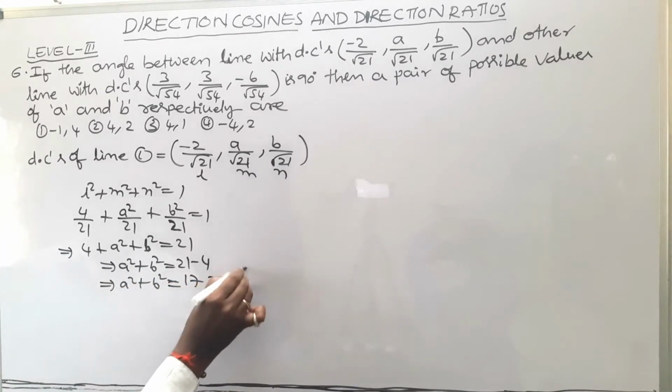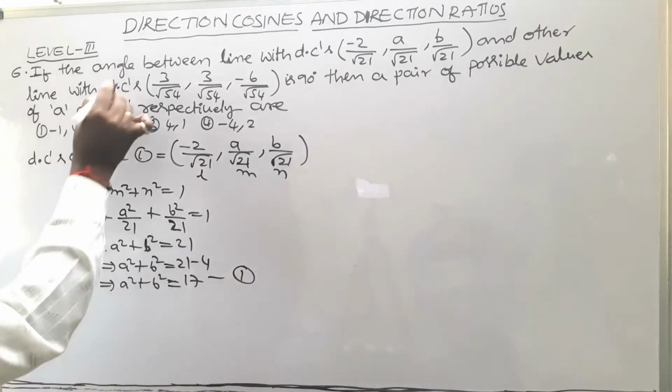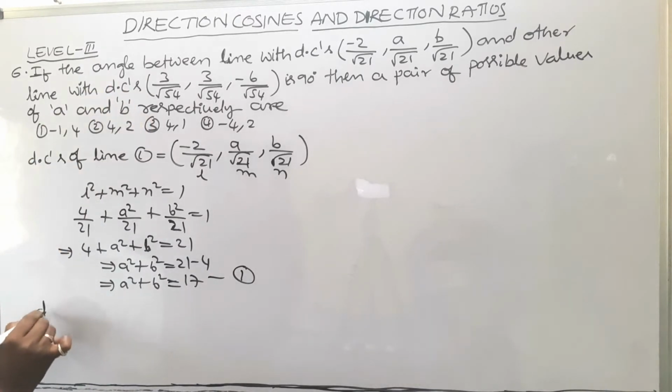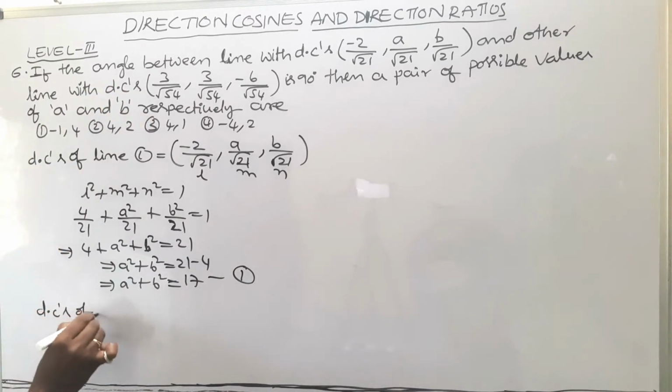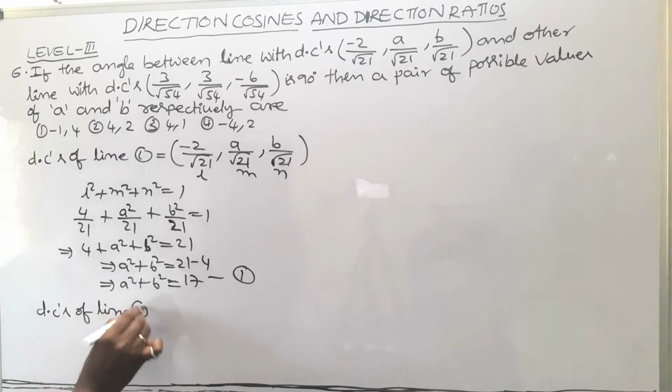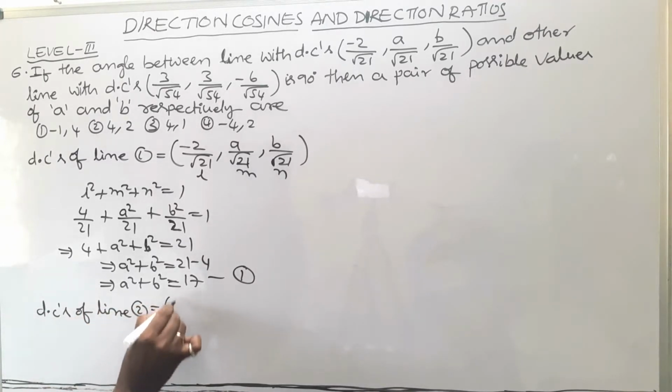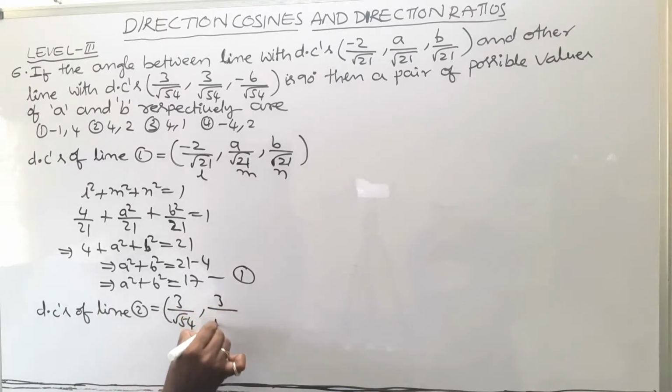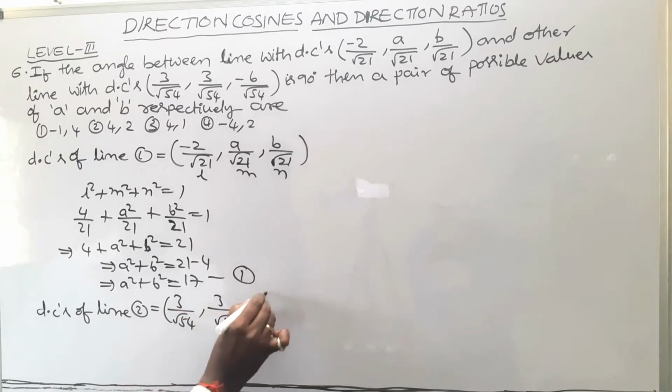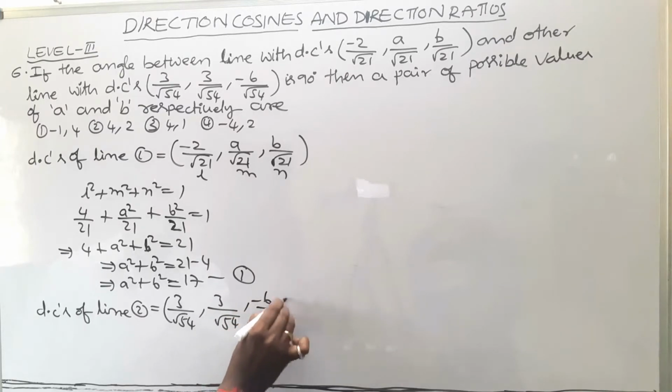This is equation 1. DCs of line 2 equal to 3 by root 54, 3 by root 54, minus 6 by root 54.